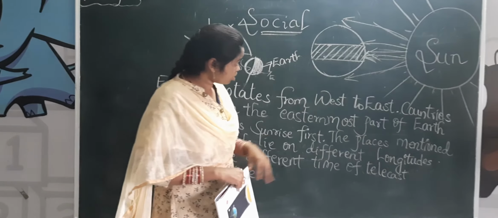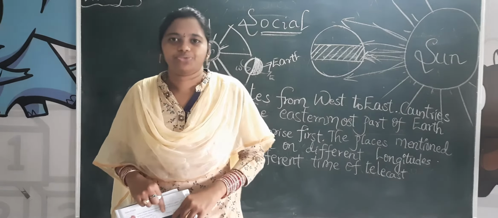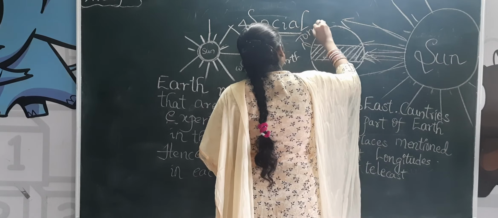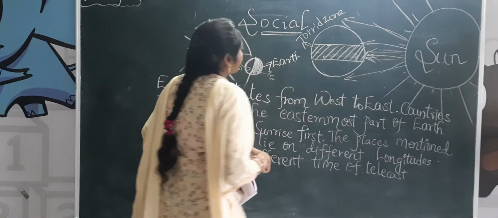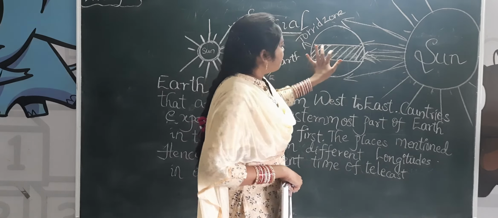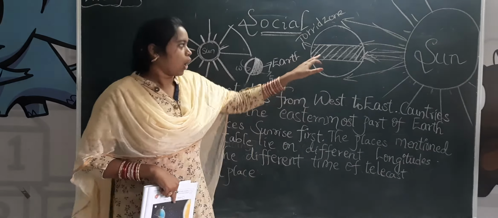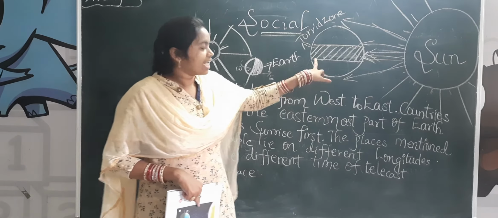So this region we call the torrid zone. This is the hottest region on the earth, the equatorial region.